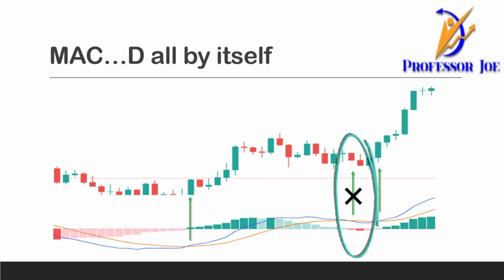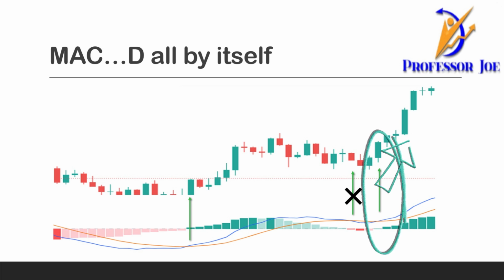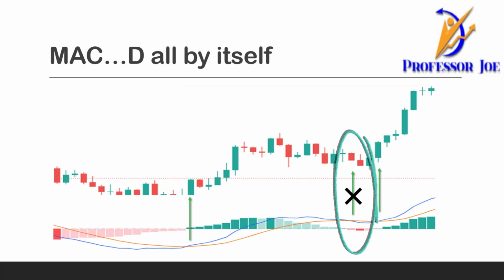But the second signal was a sell signal, which was a bad signal because after the next candle, the price went up. And the third signal is again a buy signal where the price went up. That means it was a good signal. Out of three signals, two were good and one was bad. The one that was bad, we have put an X on it.